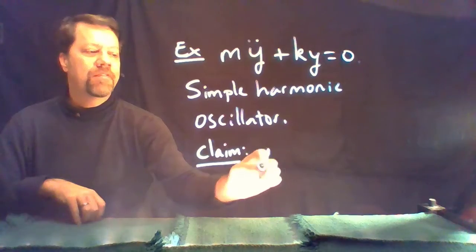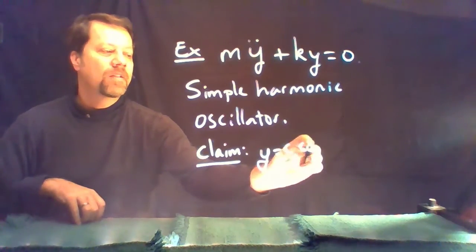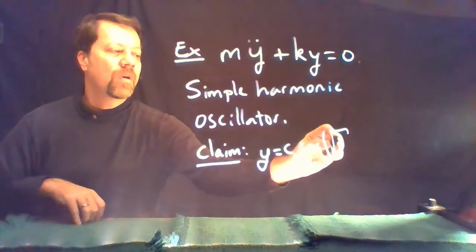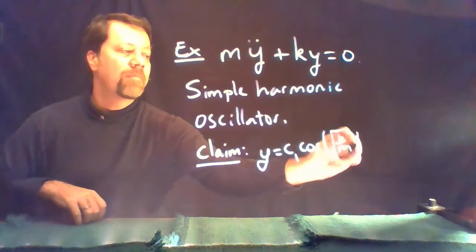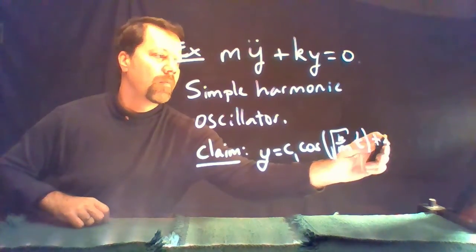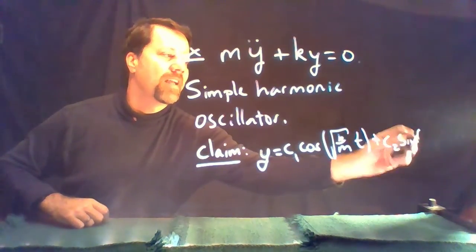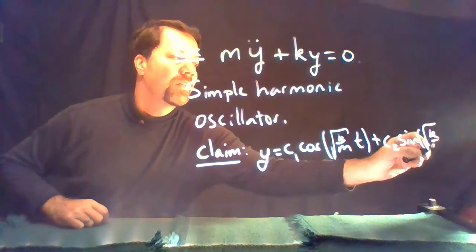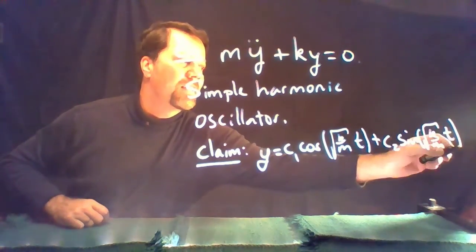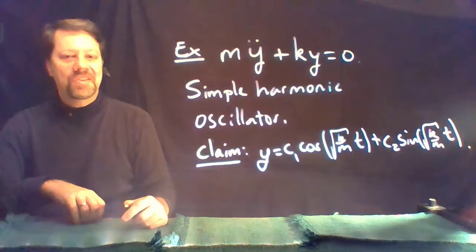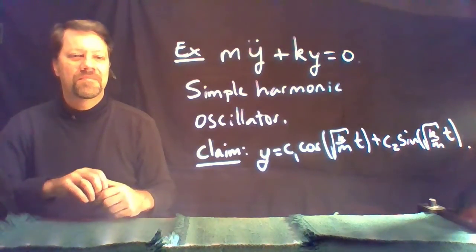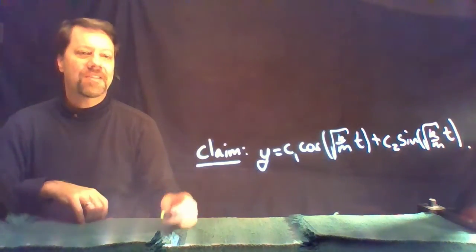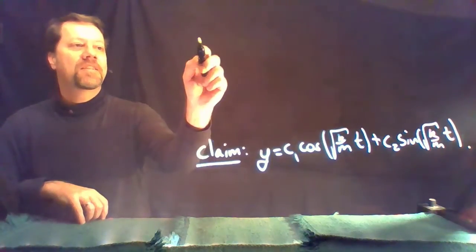I claim that any function of the form c1 cosine of the square root of k over m times t plus c2 times the sine of the square root of k over m times t is a solution. To check this claim, we need to calculate the second order derivative.